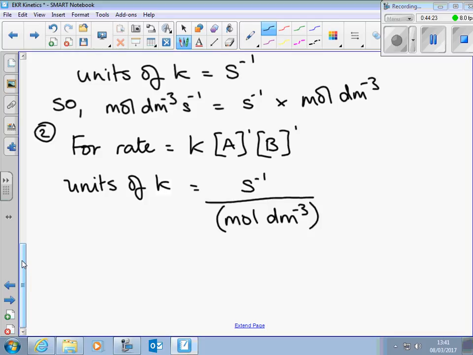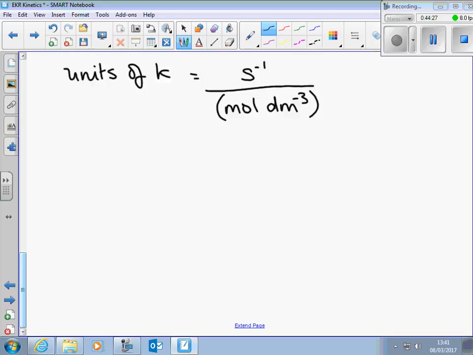So what we've now got to do is change that. So that is seconds to the minus 1, and then how would we write this? All right, now this is messy. If we go through, then what we've actually got there is seconds to the minus 1. I've got this all in the wrong order for now, but we'll rearrange it when I've finished.